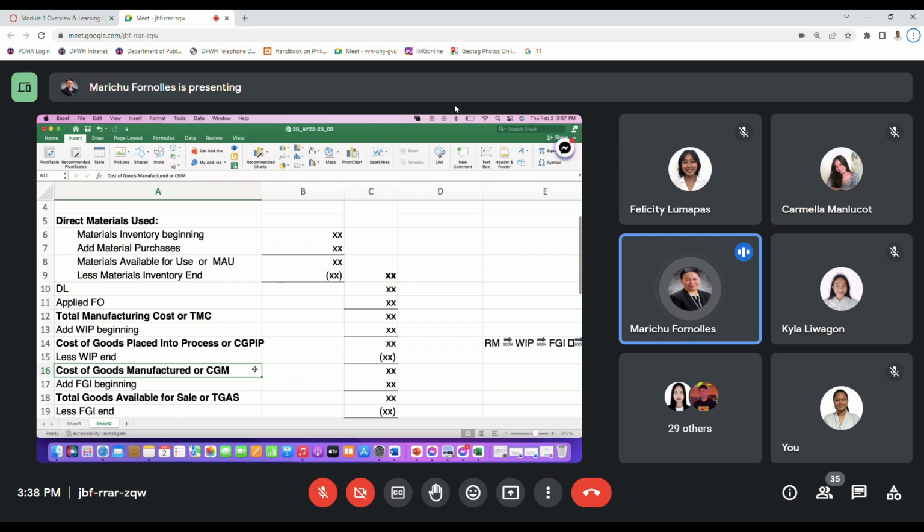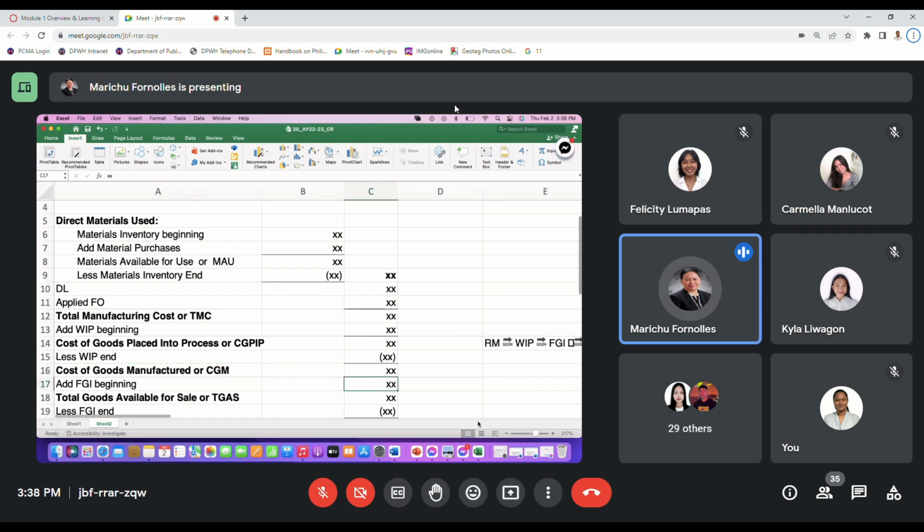So this represents the cost of the completed jobs regardless of what month they were started, whether last month or this month, for as long as they are already complete this month. That's why it is transferred out from work in process to finished goods inventory.